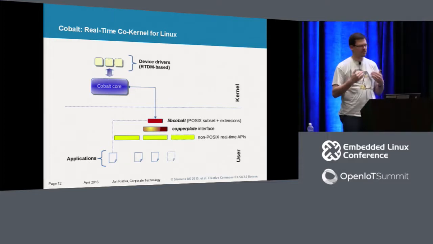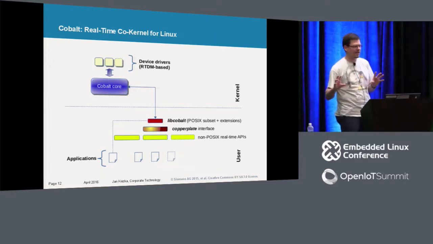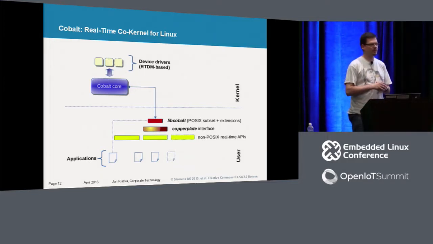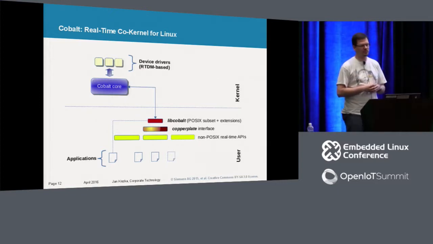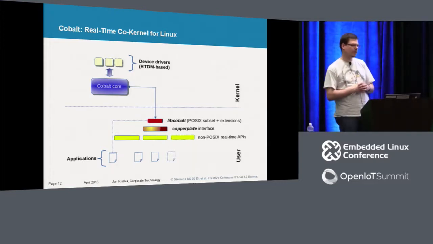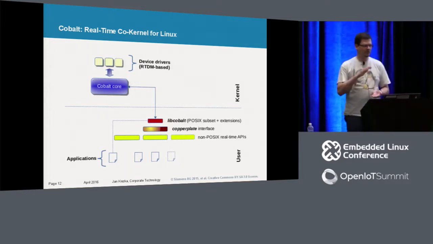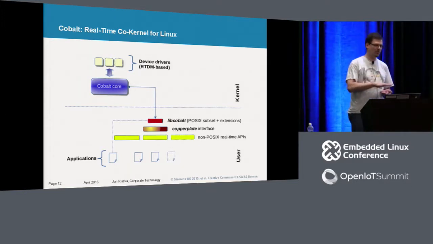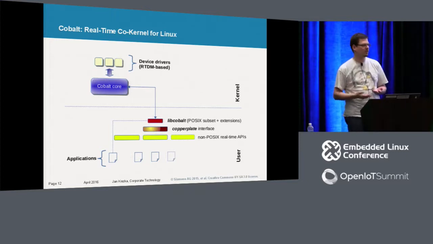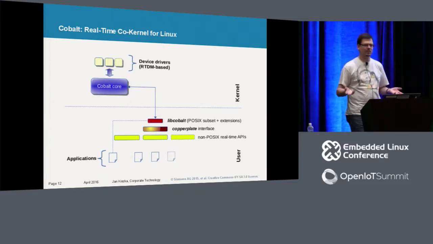And all the former skins, all the APIs you want to emulate in user space for porting over from your classic RTOS, are additional libraries on top of this libcobalt and libcopperplate. Copperplate is another abstraction layer, or service layer, in order to ease the implementation of additional APIs on top.